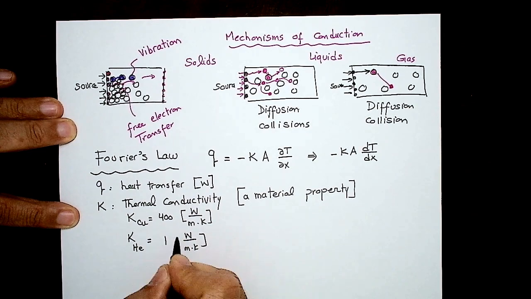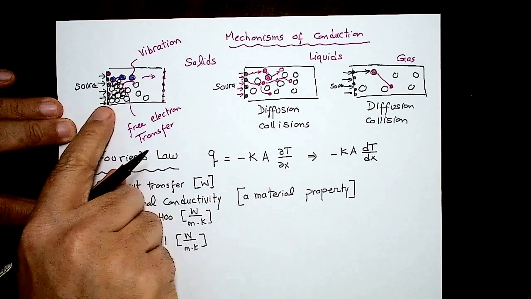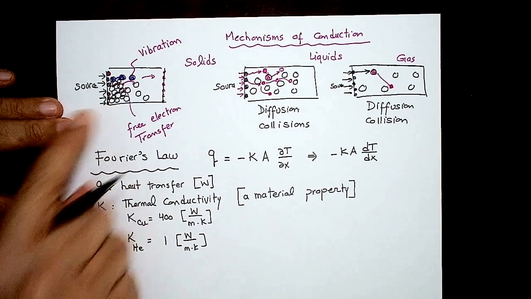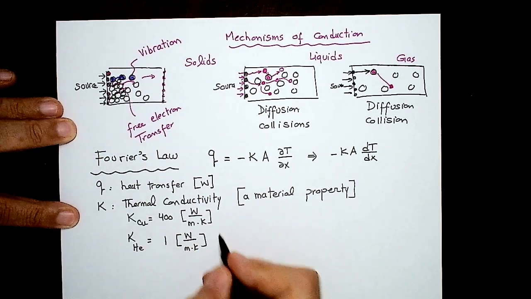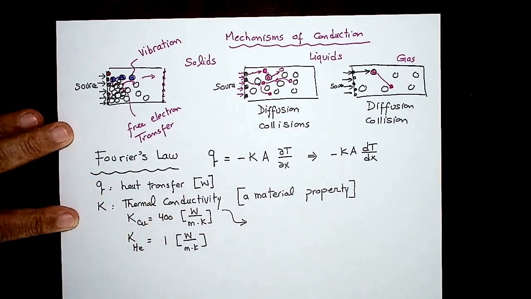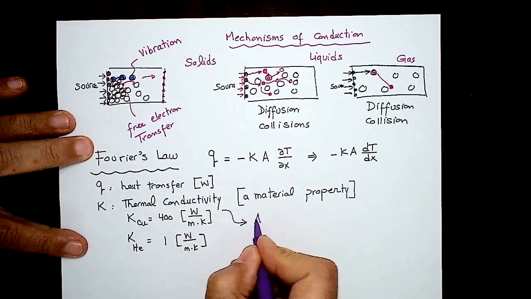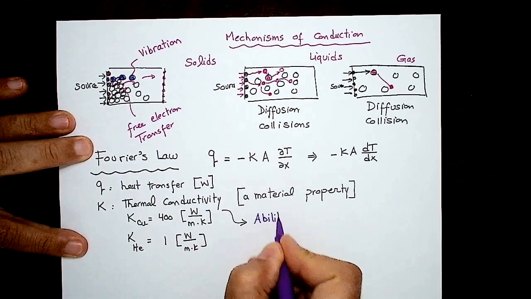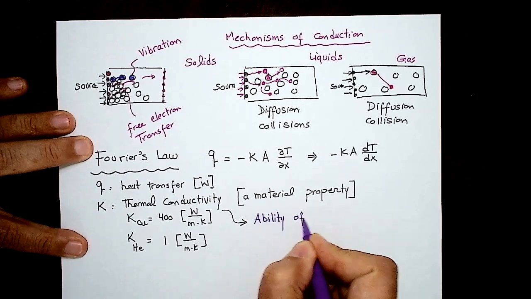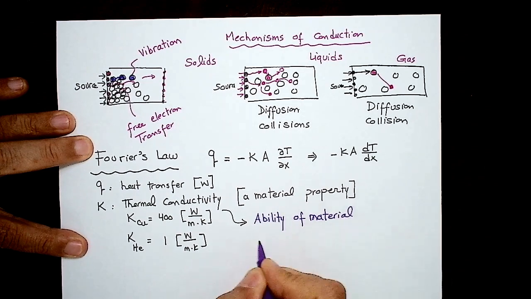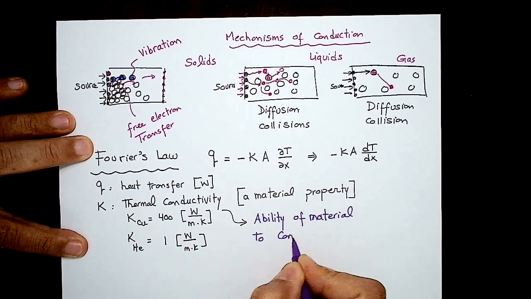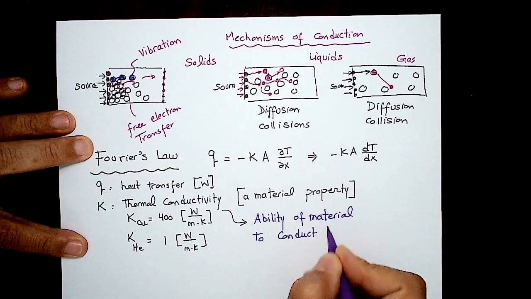And now we understand that solids, because of that smaller intermolecular distance here, can allow for more energy transfer. So thermal conductivity is, in simple language, the ability of a material to conduct heat.